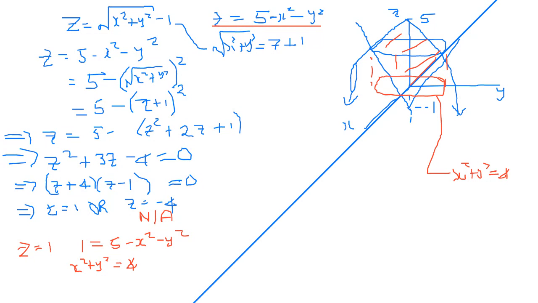So I think from here on it should be quite simple to express the volume. The volume of the region is always given by the integral of the top surface minus the bottom surface over the region that you have, and the region that you have is just this region now.